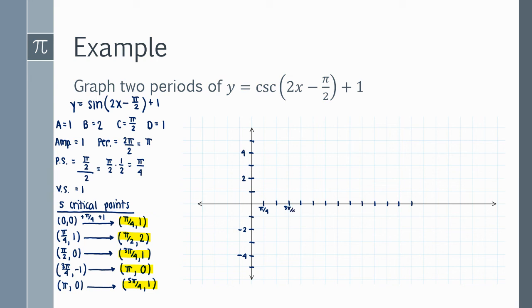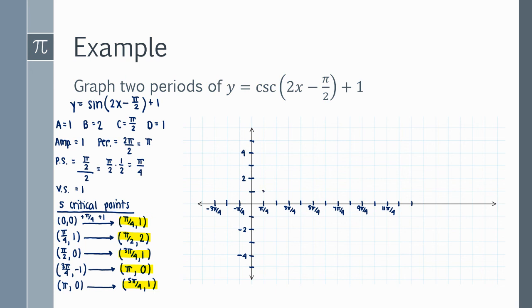Then we have 3 pi over 4, 4 pi over 4, so pi. 5 pi over 4, 6 pi over 4, which is 3 pi over 2, 7 pi over 4, 8 pi over 4 is 2 pi, 9 pi over 4, 10 pi over 4, 11 pi over 4, and so on and so forth. I could go the negative route as well. So negative pi over 4, and then this would be -3 pi over 4 over there. Okay, so now that I have my x and y labeled very clearly, I can plot my points.